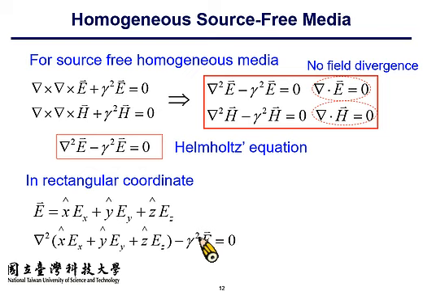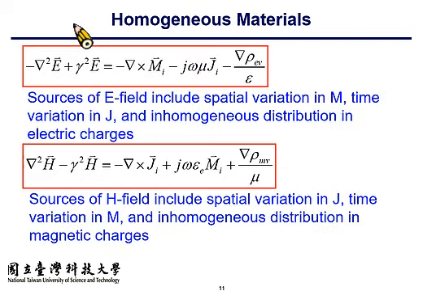Alright, so let's take a look at the two equations for a special case, that is a source-free homogeneous medium. In the previous slide, in these two equations, you see that the E field and H field are related to spatial and time domain variation in electrical charge, magnetic charge, electrical current, magnetic current.